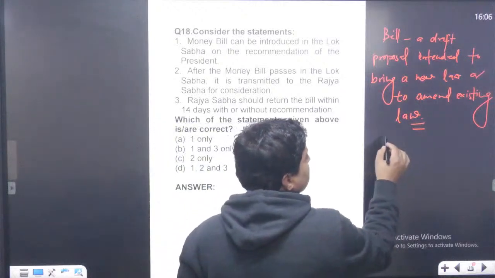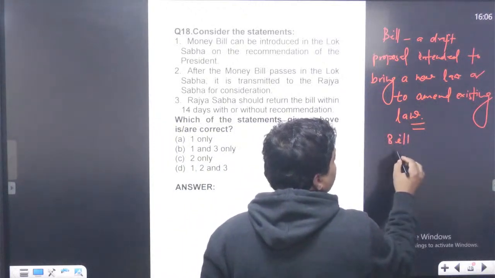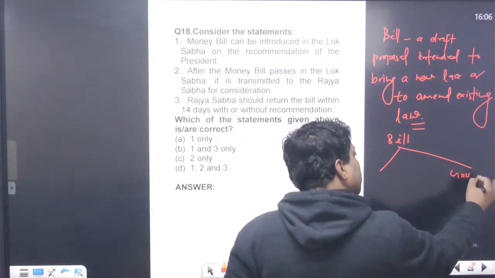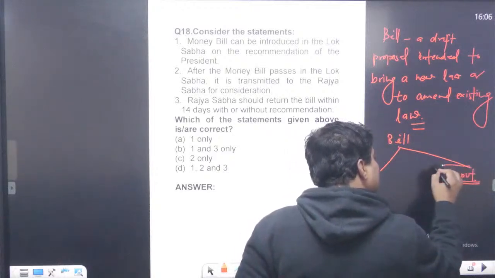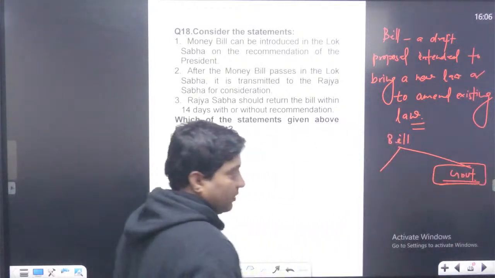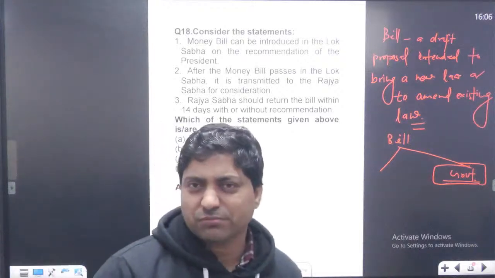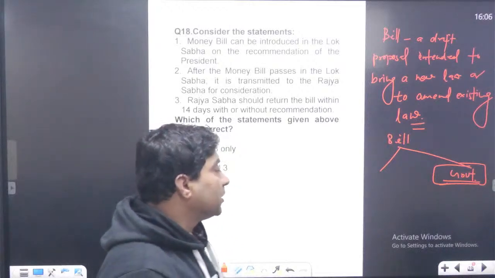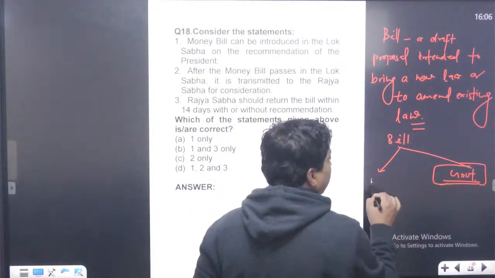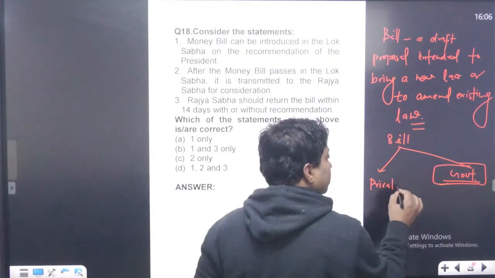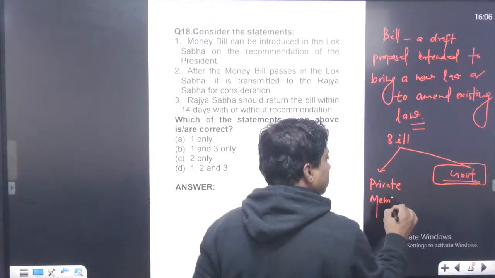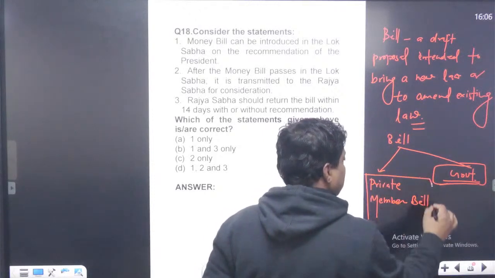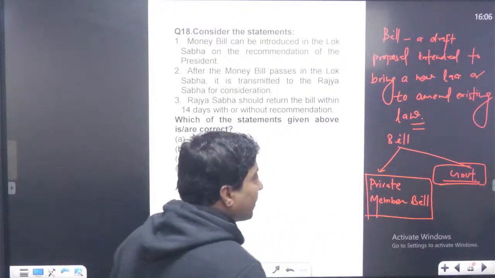Now, the bill can be divided into two parts. One is called a government bill. The government is the agency which introduces the bill, and most bills are introduced by the government, but there is also what is called a private member bill.